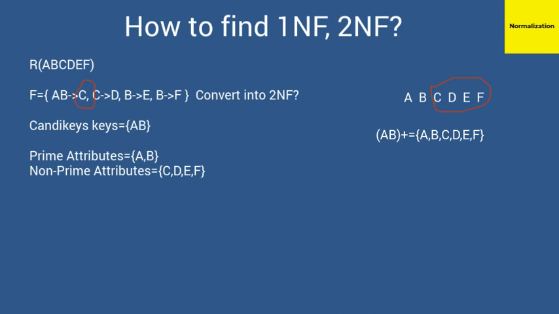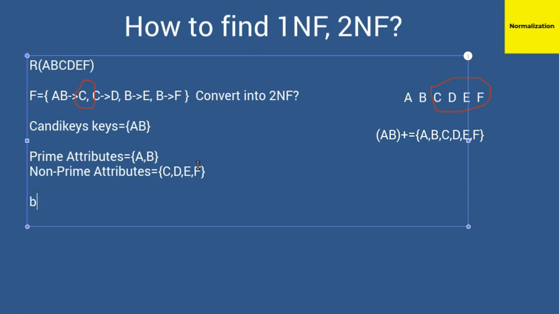Now let us try to find that problem. We have a problem because B gives rise to E. So what we need to do, first of all, is find B plus.